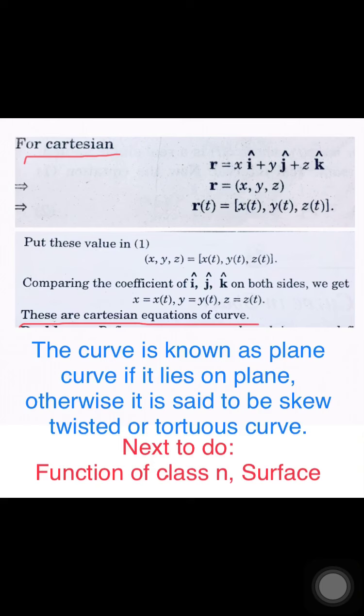So in Cartesian form r(t) is (x(t), y(t), z(t)). Now put the value in equation 1, we get (x, y, z) equals (x(t), y(t), z(t)). Comparing the coefficients of i, j, k, we get x equals x(t), y equals y(t), z equals z(t). These are the Cartesian equations of the curve.